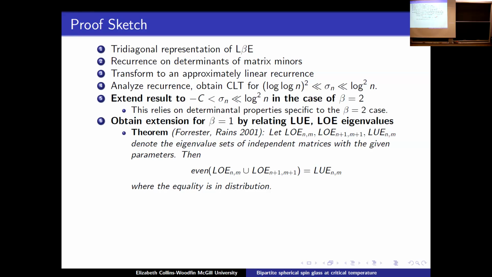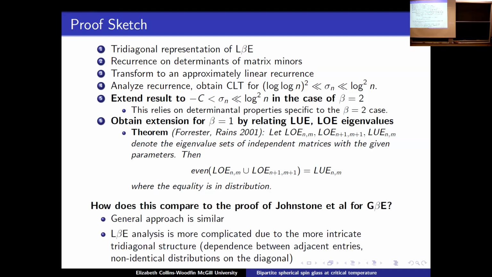But it means that if you know something about the eigenvalues of an LUE matrix, which is the beta equals 2 case, then that can help you to understand the beta equals 1 case. And that's the key to that.